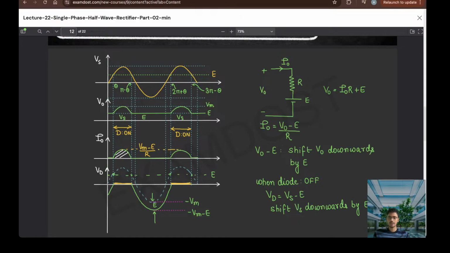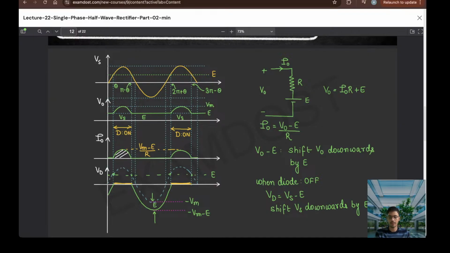Got it. Now you can make the outline, like pi, 2 pi also needed, 3 pi also needed. This much we are drawing. First make the outline, then make E.